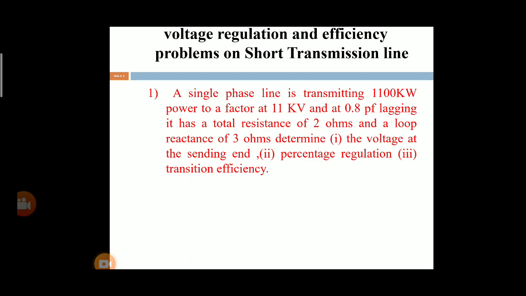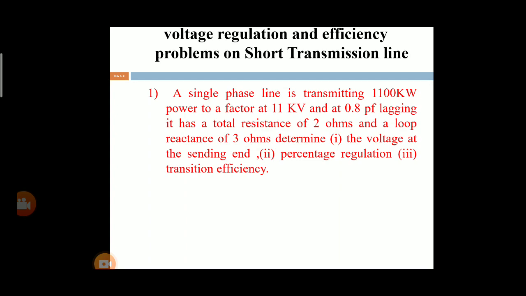That means cos phi equals 0.8. It has a total resistance R equal to 2 ohms and a loop reactance X equal to 3 ohms.